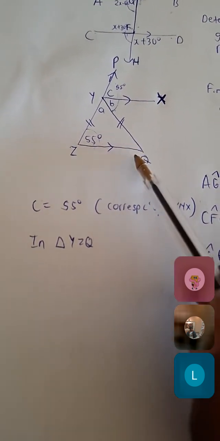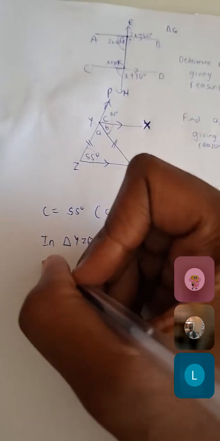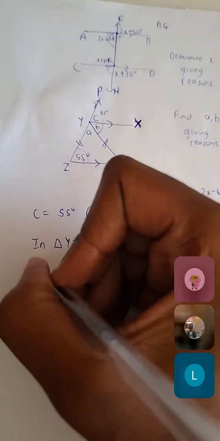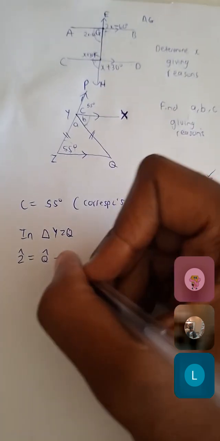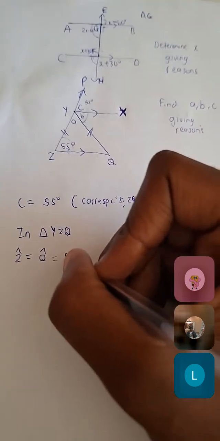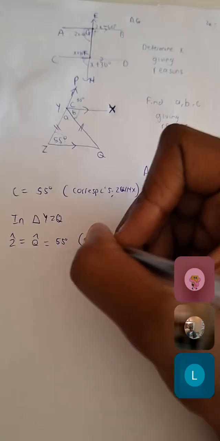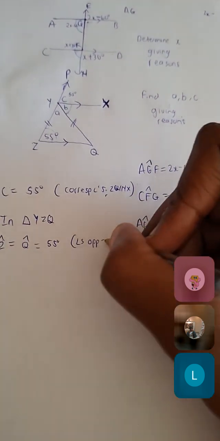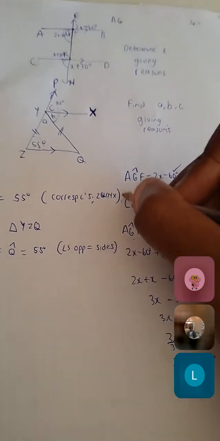Angle Z is equal to angle Q, which is equal to 55 degrees. What's the reason? Angles opposite equal sides. Remember most of what we said last time.